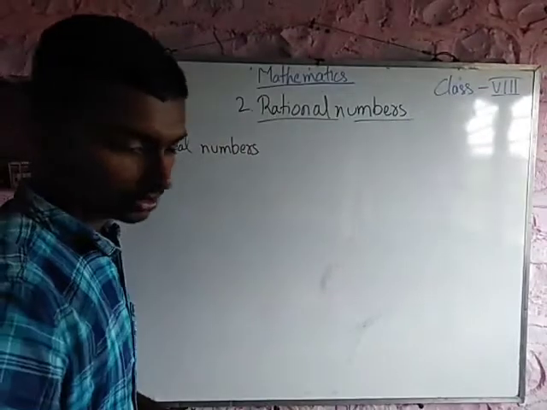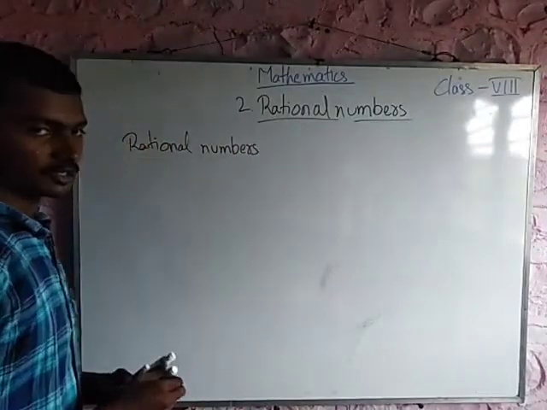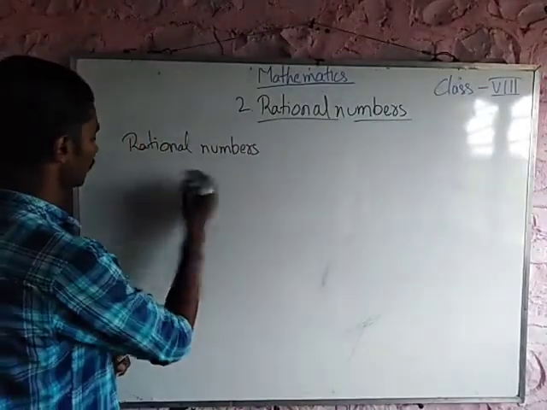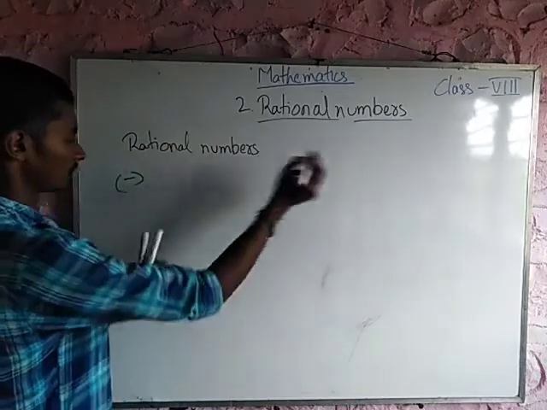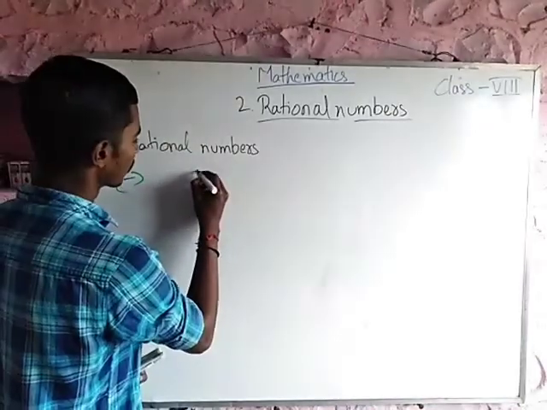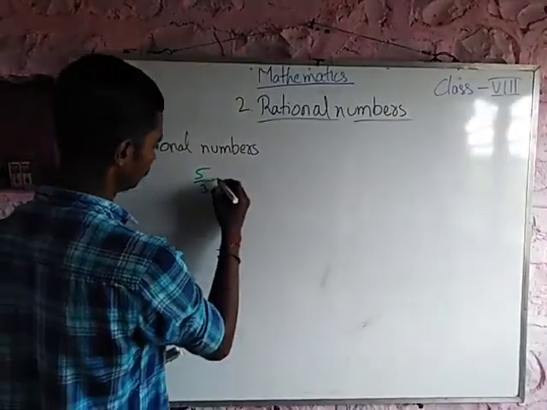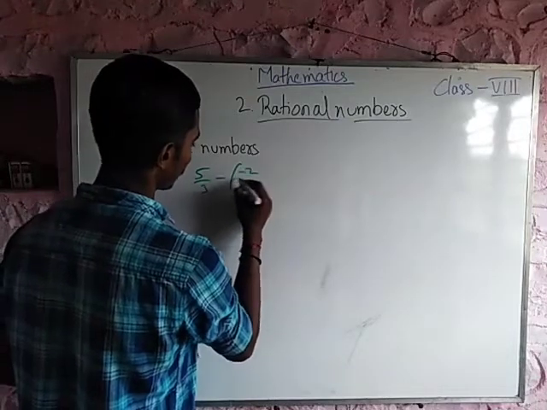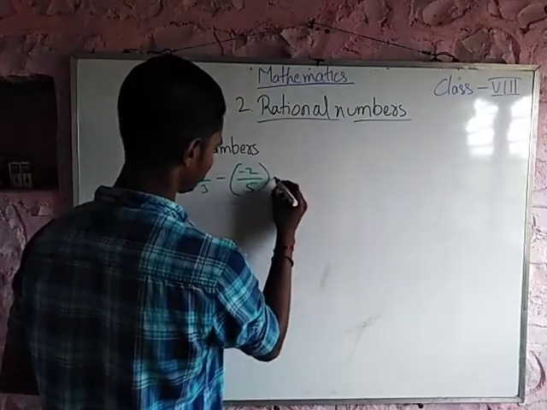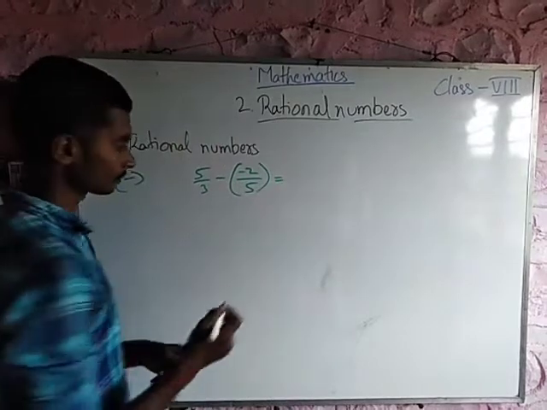Now we will go for subtraction. Let me take the same examples. Subtraction is minus is the operation. 5 by 3 minus 2 by 5. A minus b.